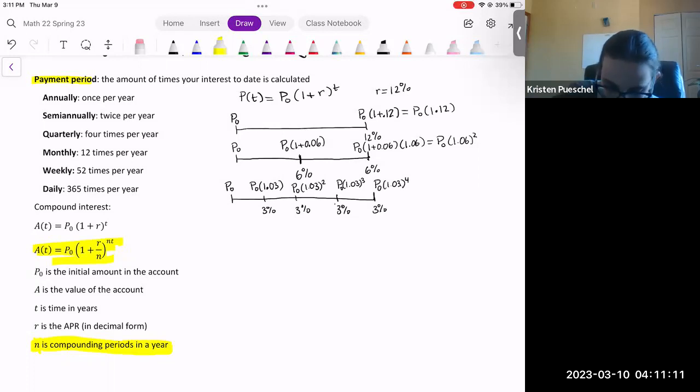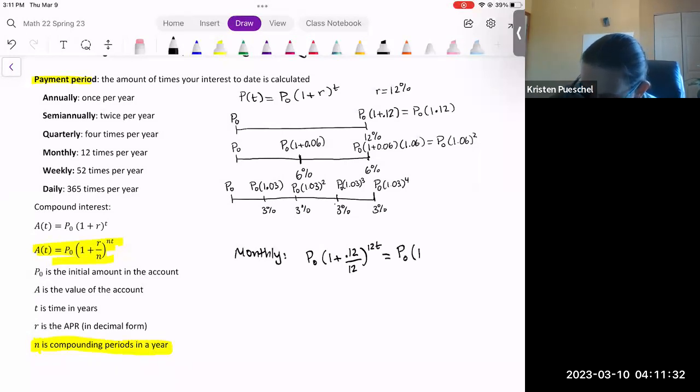So for example, in our monthly case, this is going to look like P naught times 1 plus 0.12 divided by 12 to the 12t, or P naught times 1.01 to the 12t.